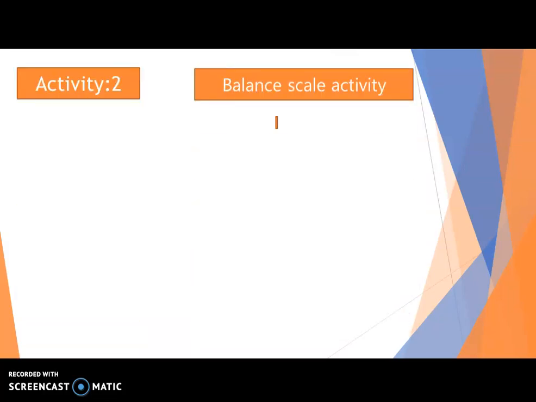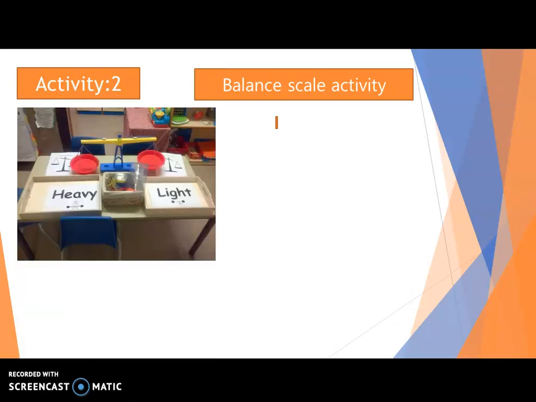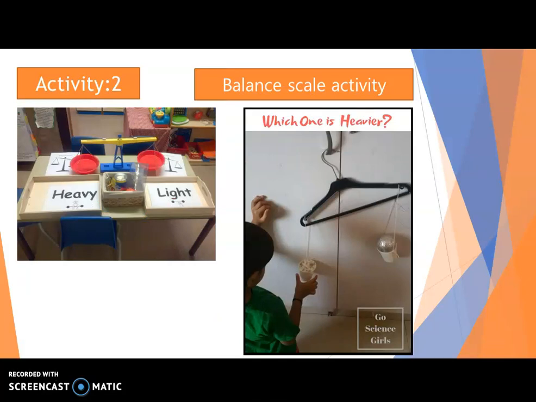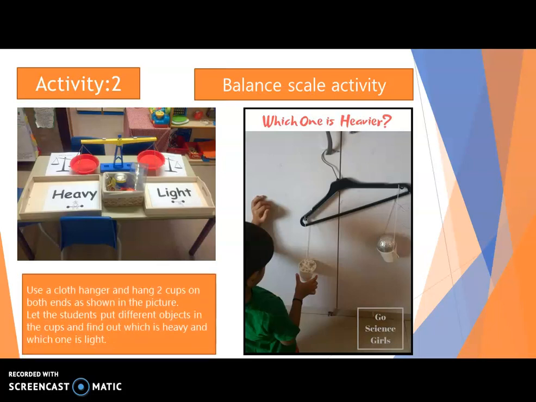Second game. Oh, we have a lot of games today. The second game is the balance scale activity. The first picture is a balance scale. And the second picture is a hanger scale. If you don't have the first, I know we have a lot of the second, and I recommend you use the second picture so that there is no problem at all. How to do it?